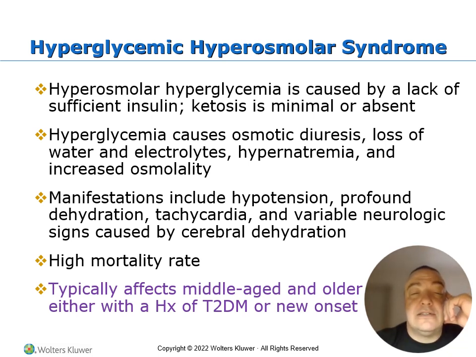Okay. So that's this. The type of patient population that is typically affected is going to be your middle-aged and older patients that either are type 2 diabetics or are considered pre-diabetic, or it's a new onset diabetes and they're not managing their stuff.